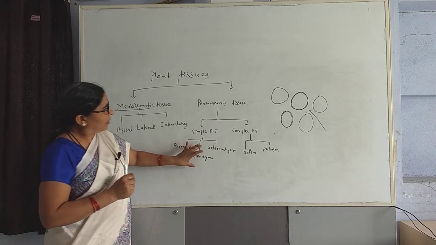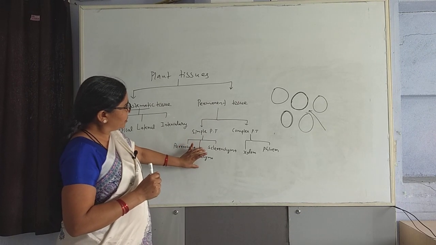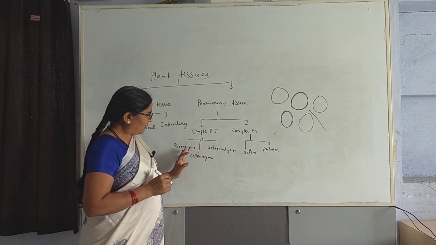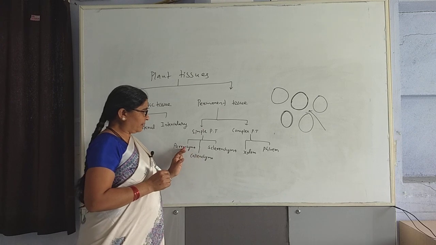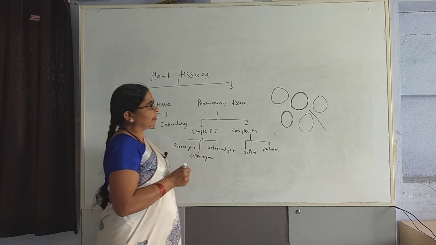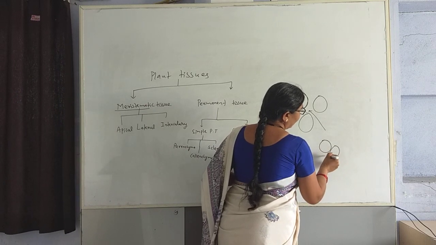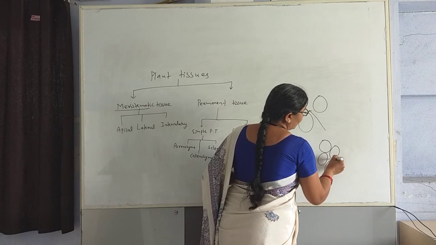Parenchyma over, next comes the collenchyma. When you compare collenchyma to parenchyma, the collenchyma cells are a little bit closer to each other.